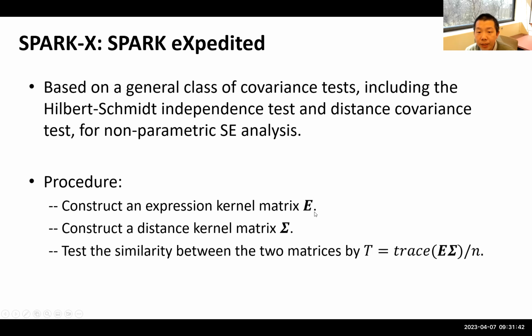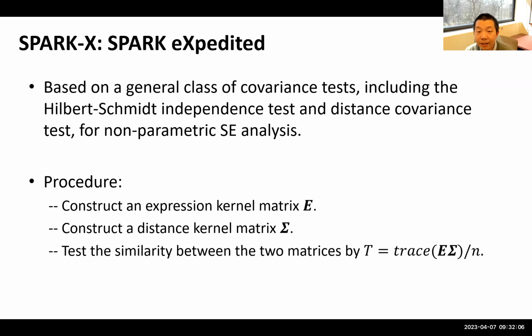If you think about two locations, i and j: if locations i and j are close to each other, then sigma_ij, the corresponding element in the distance kernel, is going to be large. And if locations i and j show similar gene expression patterns, then in the expression kernel matrix E, E_ij is also going to be large.